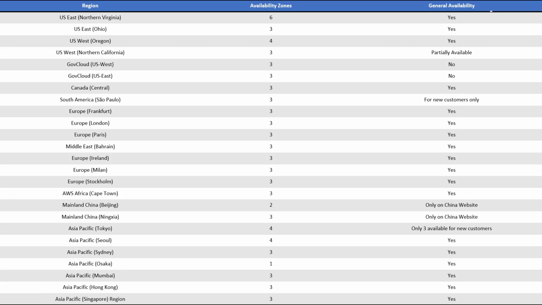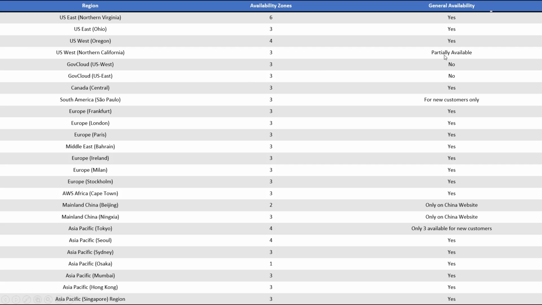But there are some exceptions in some of the regions. As I told you earlier, we have some availability zones and regions that are not publicly accessible. For example, 2 of them are in mainland China. There are 2 government clouds, US West and US East. US West North California is partially available.